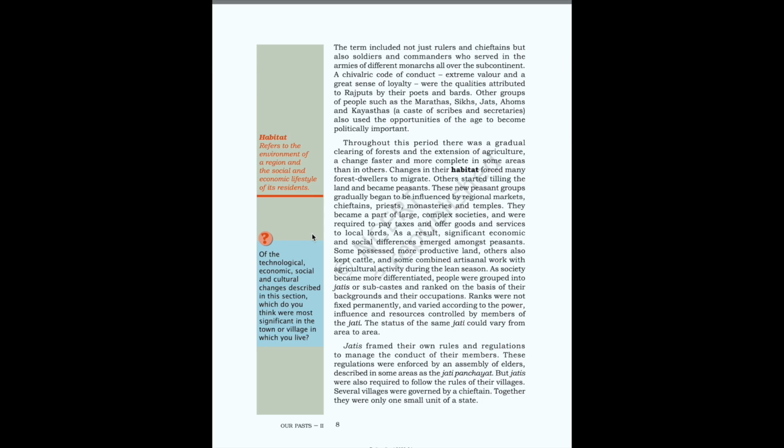The status of the same jati could vary from area to area. Jatis framed their own rules and regulations to manage the conduct of their members. These regulations were enforced by an assembly of elders described in some areas as the Jati Panchayat. But jatis were also required to follow the rules of their villages. Several villages were governed by a chieftain. Together, they were only one small unit of a state.